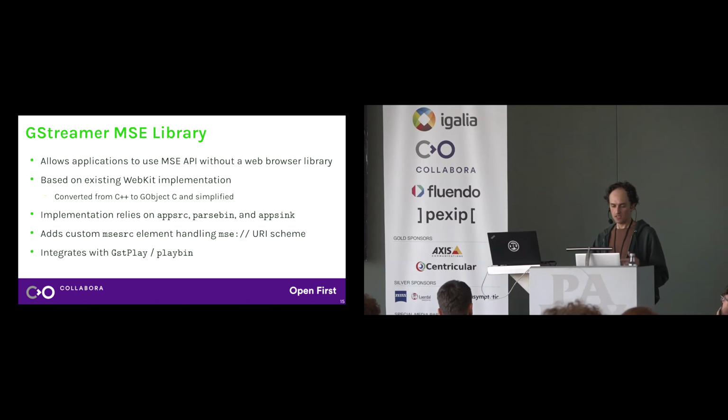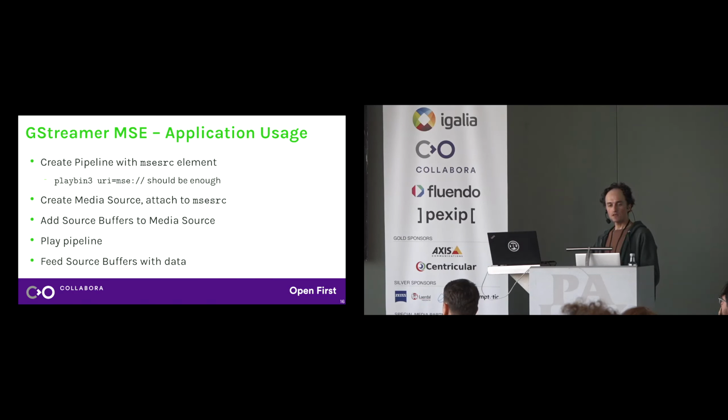So like I said, you can integrate it with Playbin or GST Play, and that's typically how applications are going to use it. The overall process for application uses is: create a pipeline, set the URI, and then during the setup process of the pipeline, create the media source and attach it to the MSE source.